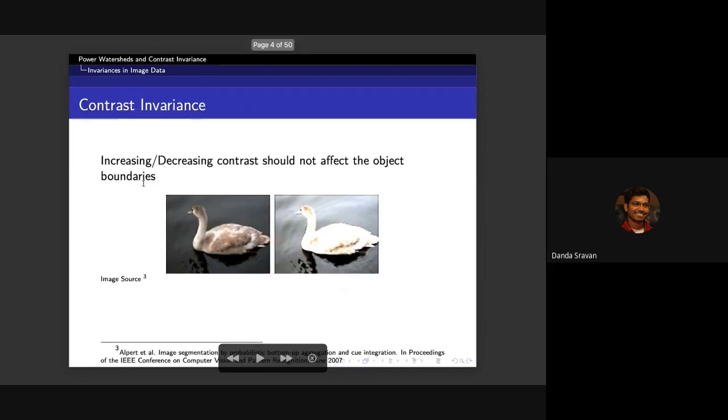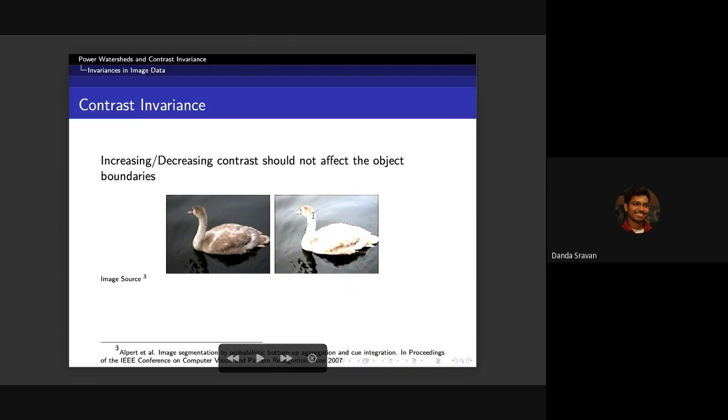But one of the not so commonly used invariances is that of contrast invariance. Suppose I have an image as you see on the left side. If I decrease or increase the contrast, say if I increase the contrast, the one that you see on the right side is a contrast enhanced version of the image on the left.